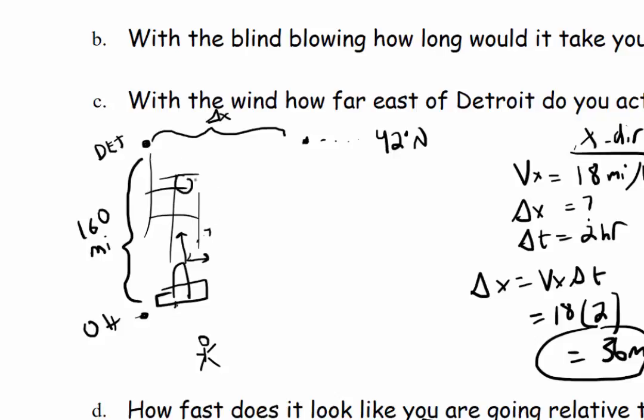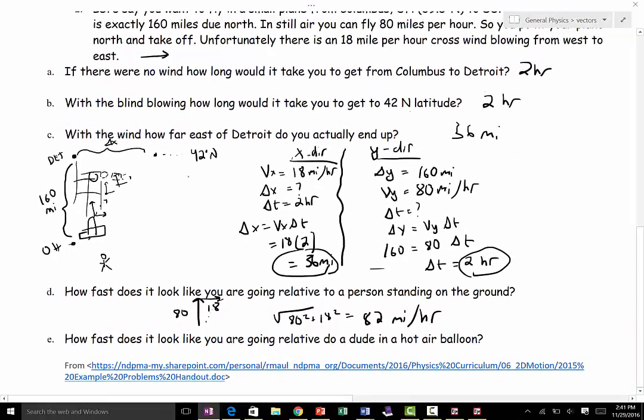As I'm in a hot air balloon, I'm going to be moving along with the wind as the plane is getting closer and closer, and that hot air balloon, moving with the wind, is only going to see the y direction stuff. So 80 miles per hour is all that person in the hot air balloon is going to see because he's moving with the wind. So they both have the same horizontal motion. He's going to watch that plane coming straight at him.